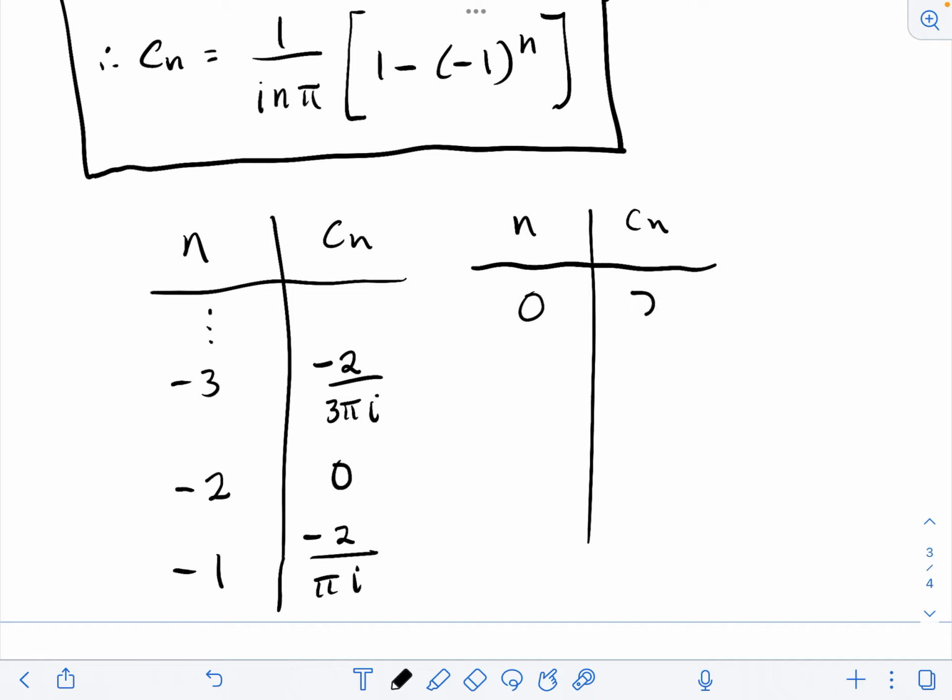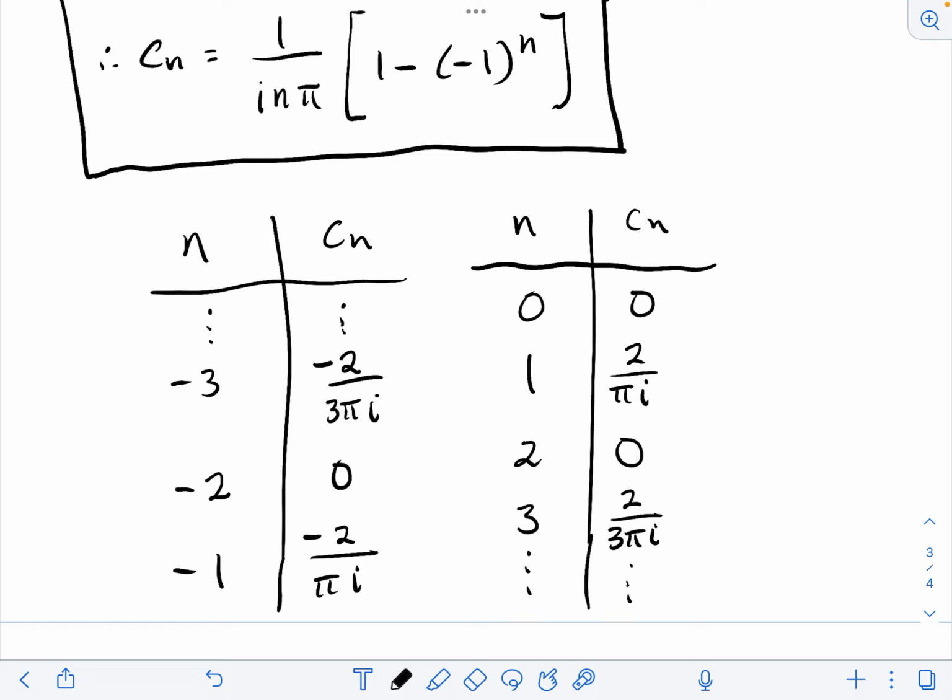Then we'd have a plus 1. Plus 1 looks exactly like the minus 1 case, except for an overall negative sign, so we would have 2 over pi i. Plus 2 would be a 0. All the even values of n lead to 0. And then plus 3 would look just like minus 3, except for the overall sign, so this would be 2 over 3 pi i. And we could keep going.